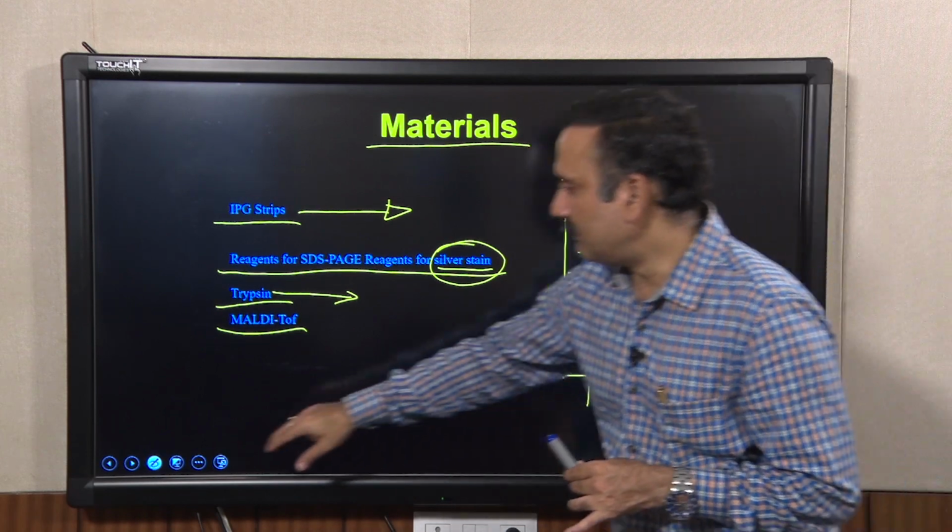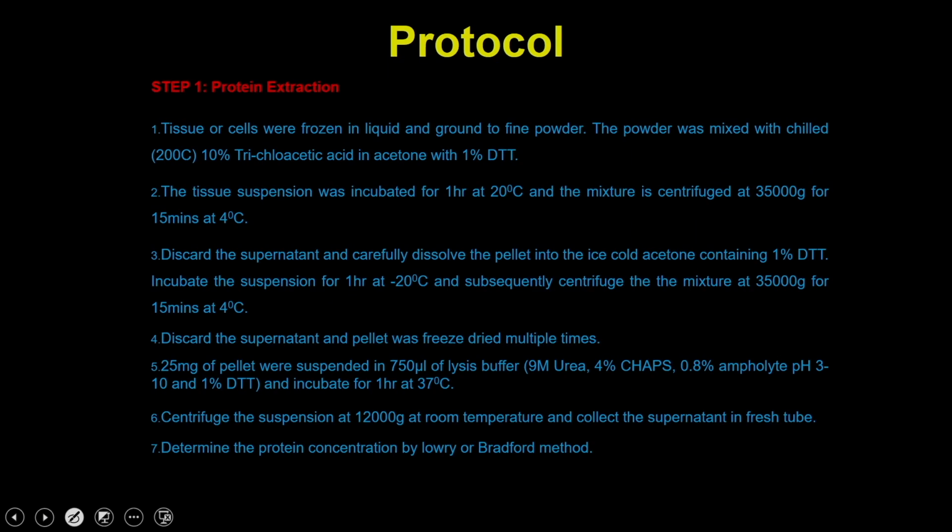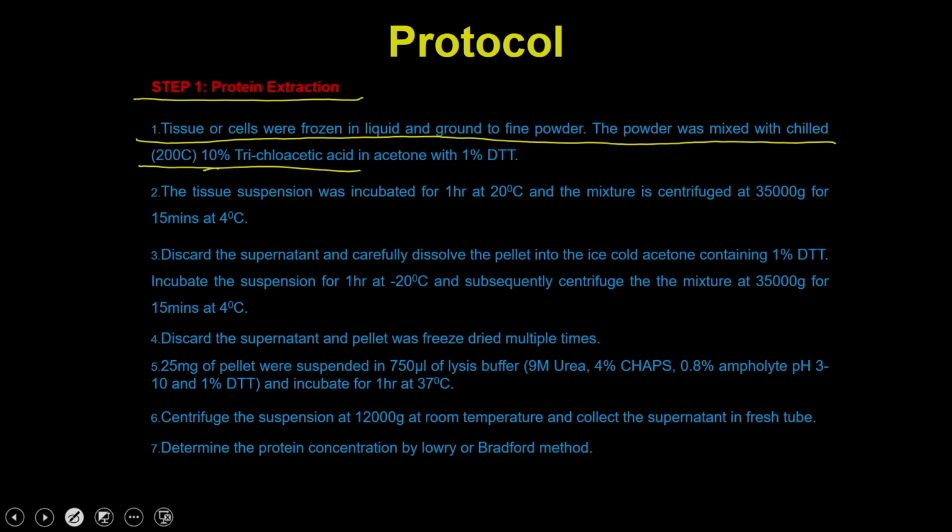This has multiple steps. In step 1 you do the protein extraction. The tissue or cells are frozen and ground into a fine powder. Then this fine powder is mixed with chilled 10% TCA in acetone with 1% DTT.